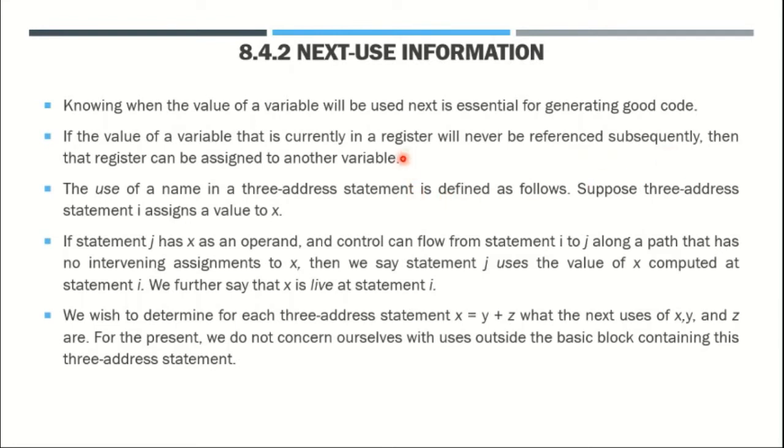For example, suppose there is some variable value in some register R, and that value is never used again. Then we can allocate that register to another variable. For that purpose we use next use information.